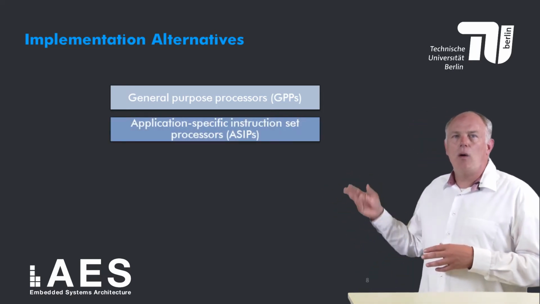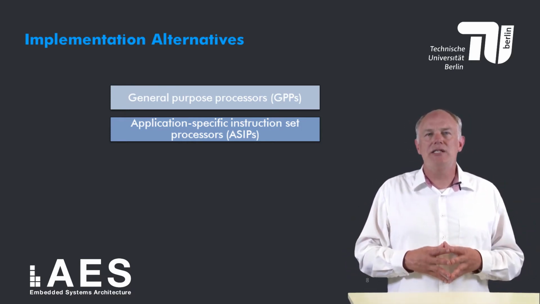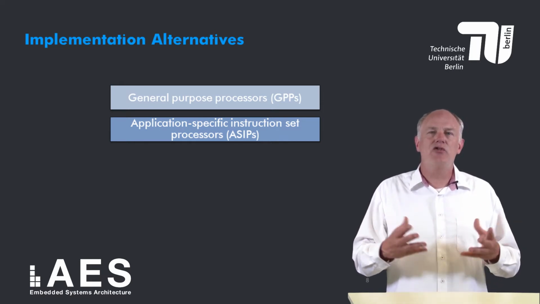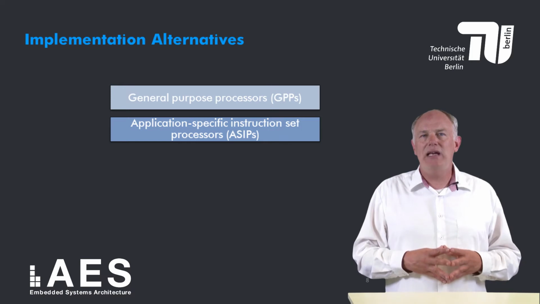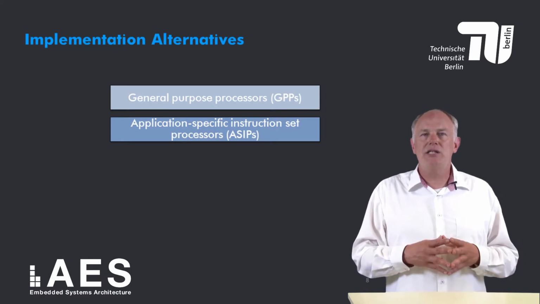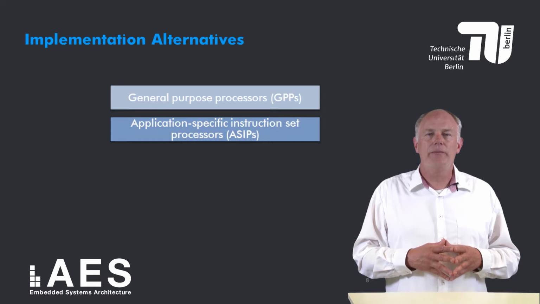The second option is to develop an application-specific instruction processor, or ASIP. An ASIP is a processor whose instruction set has been tailored to benefit a specific application. There are commercial tools to design ASIPs, for example, Processor Designer from Synopsys and Codasip Studio from Codasip.